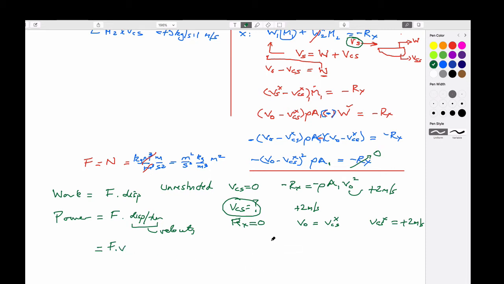And so if we look at these end member conditions for this trolley, the amount of work that's done by this trolley, if we look at Rx versus velocity of the control surface, we have two end member conditions. When the control surface is moving at 0 velocity, then the magnitude of this Rx is some magnitude.